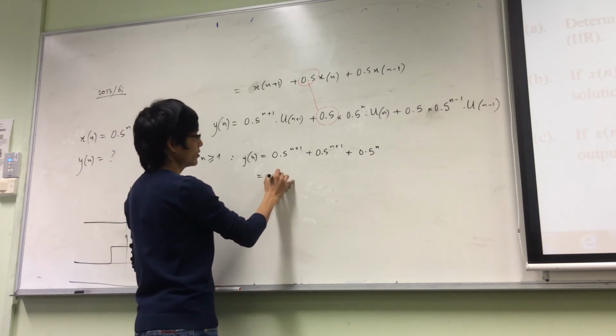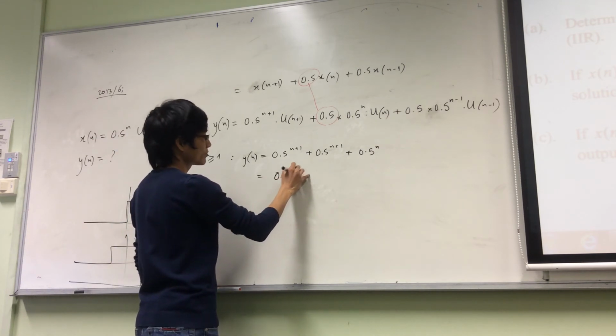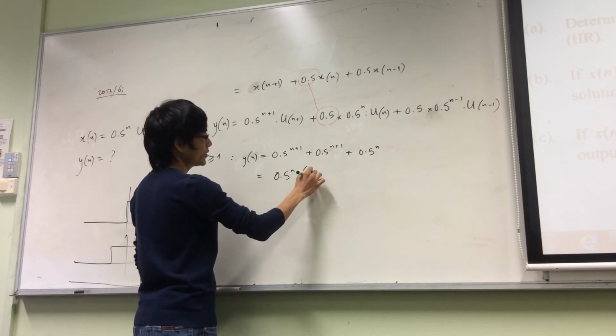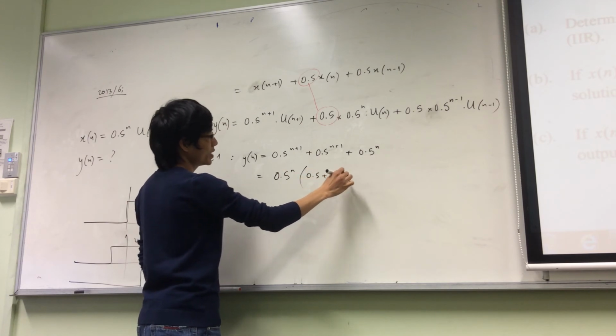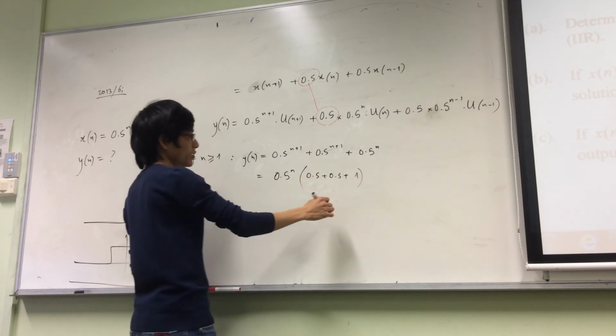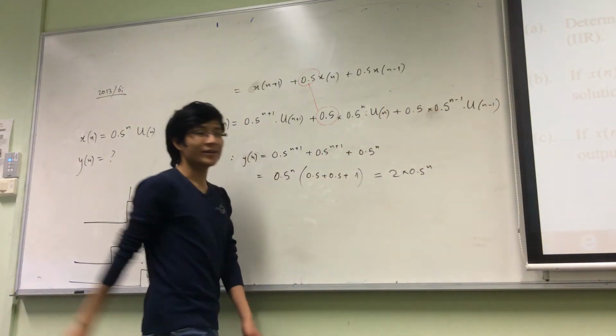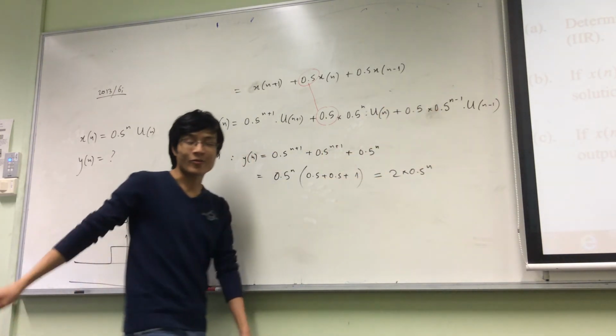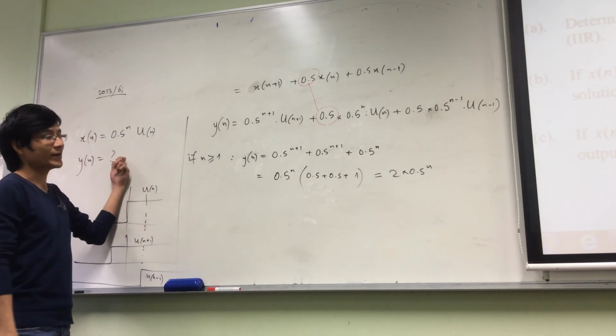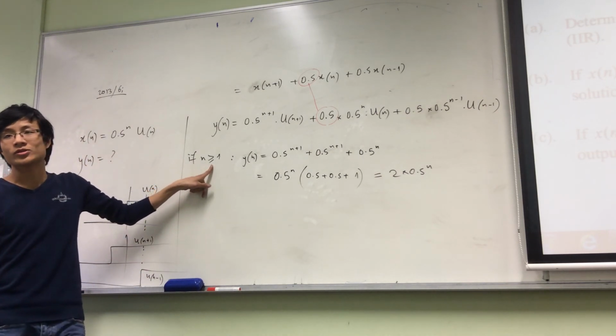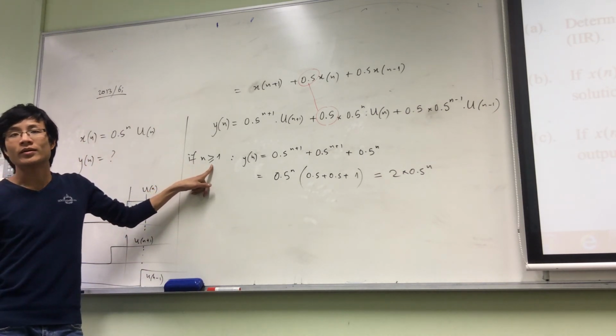So we can take the common factor: 0.5 plus 0.5 plus 1, which gives you 2 multiplied by 0.5 to the power n. Here you go. This is the equation of yn if n is greater than or equal to 1.